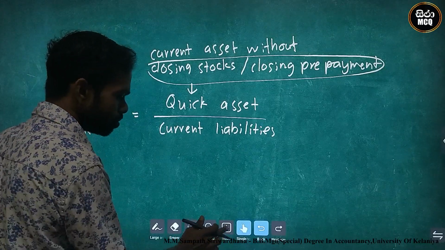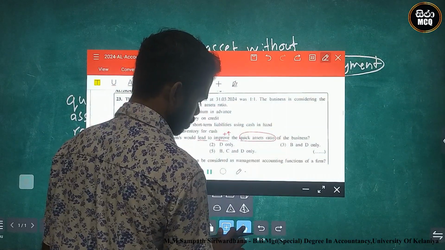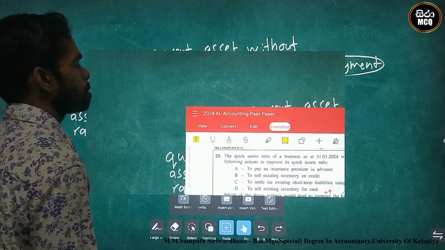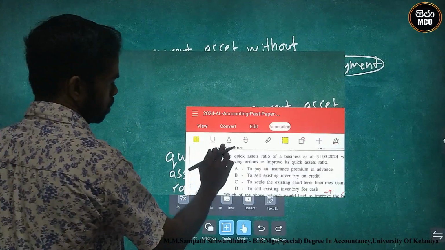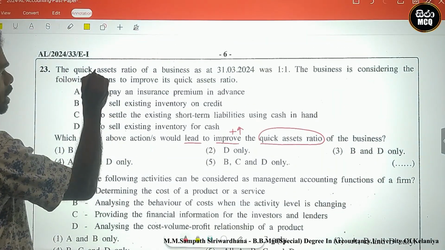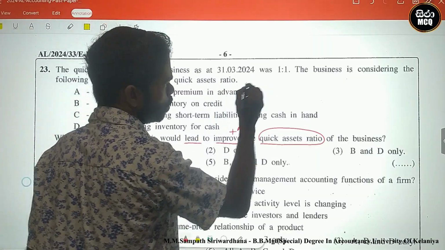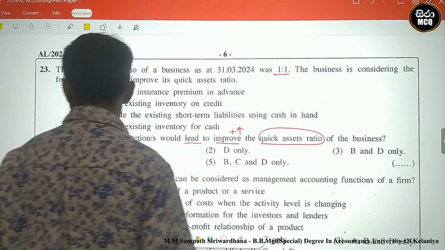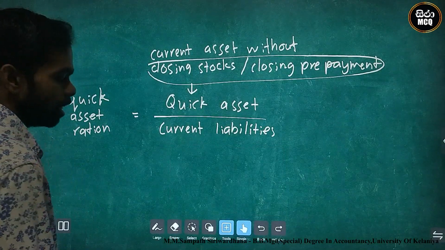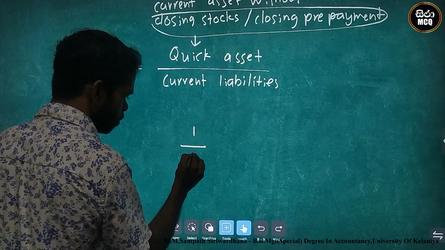Okay, let's see what the question is. Look here, the quick asset ratio of the business as at 31st March 2024 was 1 to 1. The quick asset ratio is calculated as 1 to 1, which means 1.